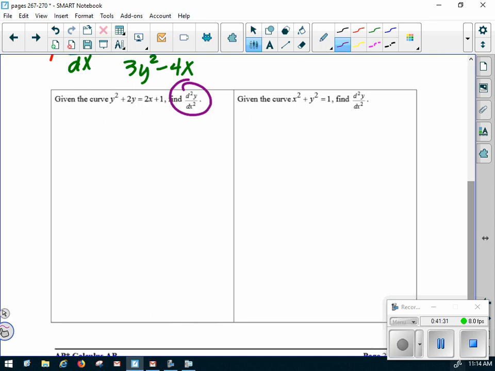We'll get there. This says to find the second derivative. So let's go. That means we got to find the first derivative. What's the derivative? 2y dy dx plus 2 dy dx.